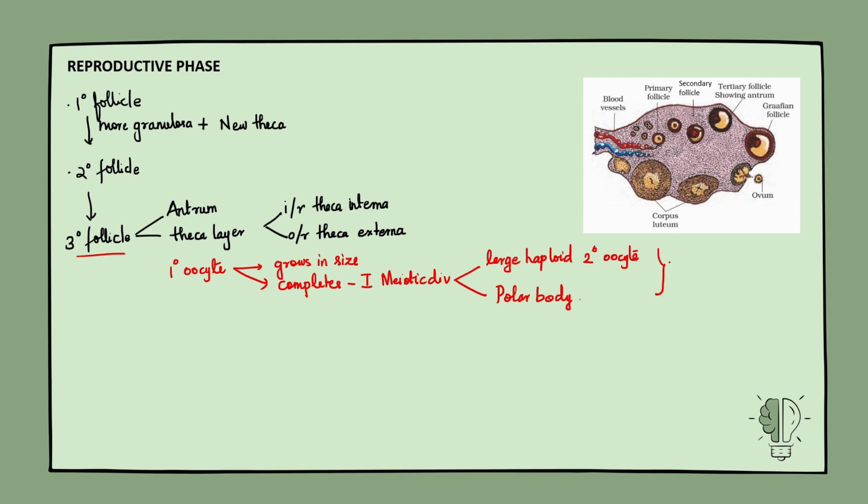And this division is called unequal division, as it results in a large haploid secondary oocyte and a small polar body.